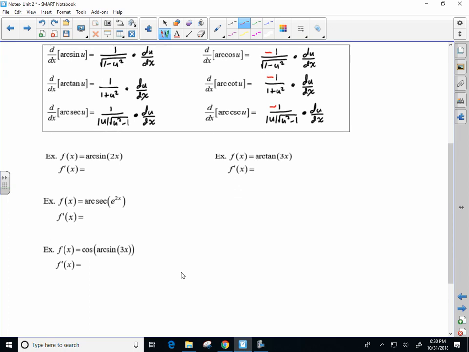Yeah, it's 1 over the absolute value of u times the square root of u squared minus 1. All right. The absolute value of u is the weird part. You look at what we just did in those derivations, and you say, well, how are we getting an absolute value out of that?